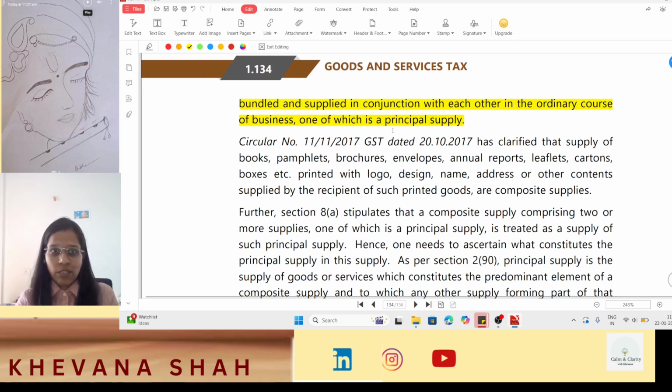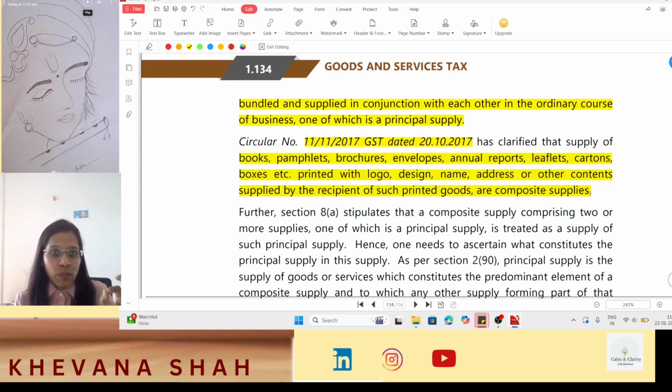Now see further, the circular says that supply of books, pamphlets, brochures, envelopes, annual reports, leaflets, cartons, boxes, etc., printed with logo, design, name, address, or other content supplied by the recipient of such printed goods are composite supplies.